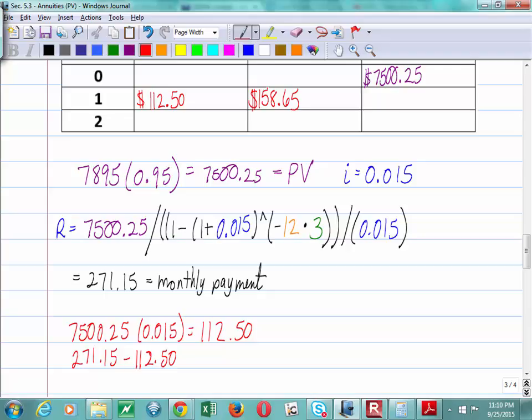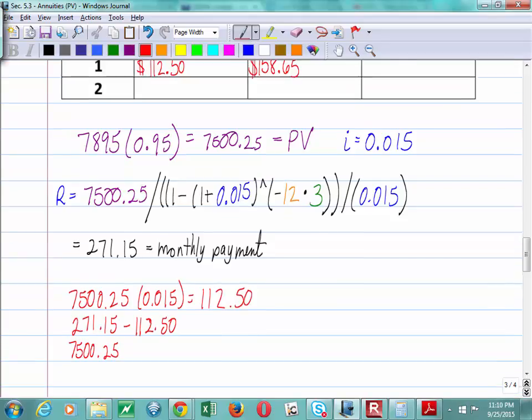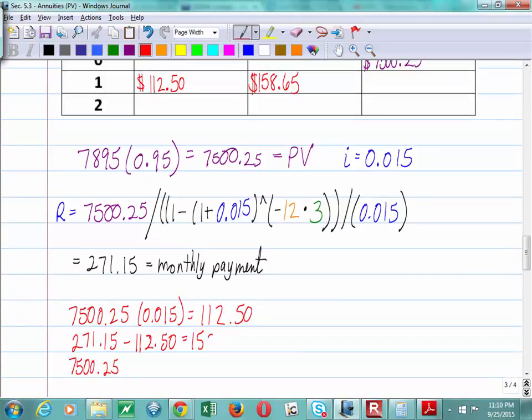Then you're going to take your previous principal, which was 7,500.25. You're going to subtract the amount you're putting towards the principal out of that payment, which is 158.65.